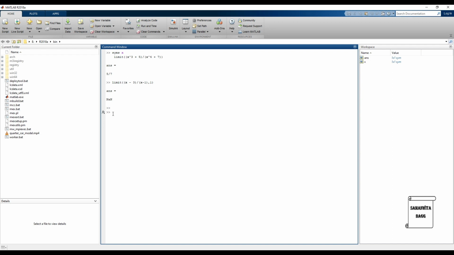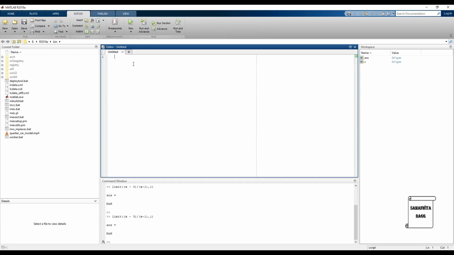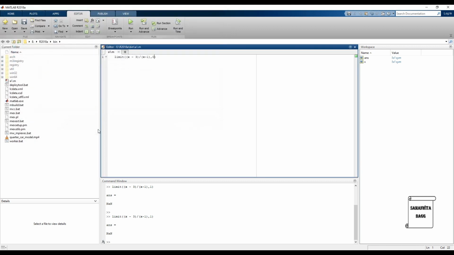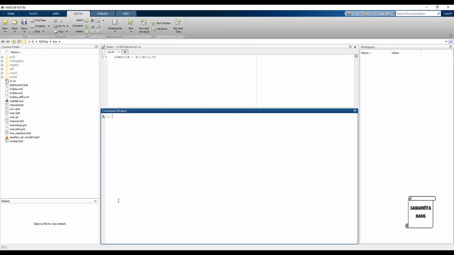Now let me write the same function, and instead of 1, I'll write this as 0. I'll save it as A1. So when I run this function now, A1, this is not defined because I have not defined the variable x.